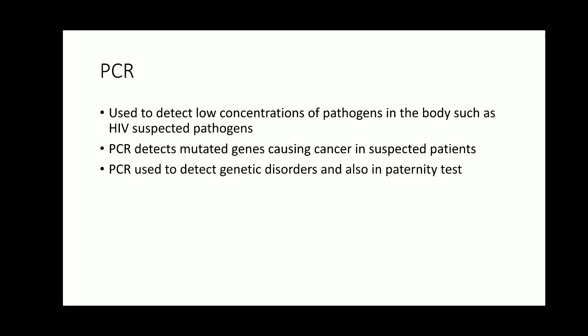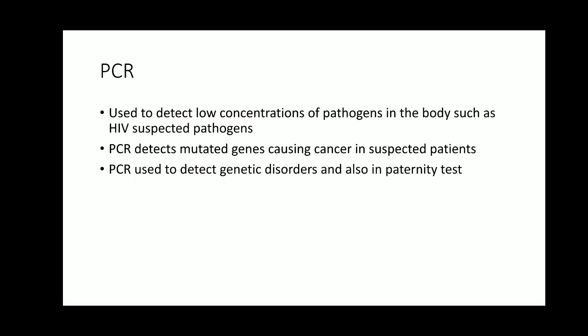The body is going to produce antibodies in response to the attack by these pathogens or antigens, right? So you can collect either the antigens from the blood sample or the antibodies, and then we can detect how much infection is present and what type of infection is present in the body. That is done by the ELISA technique.